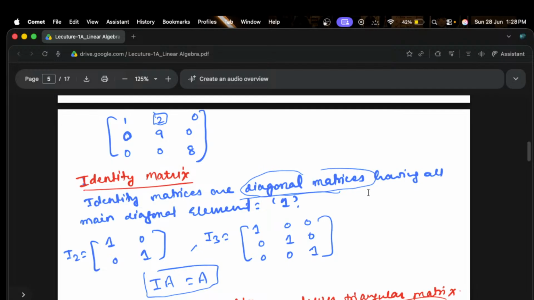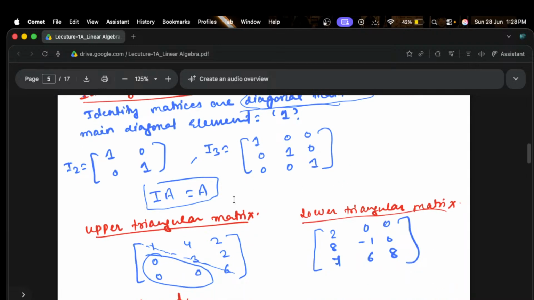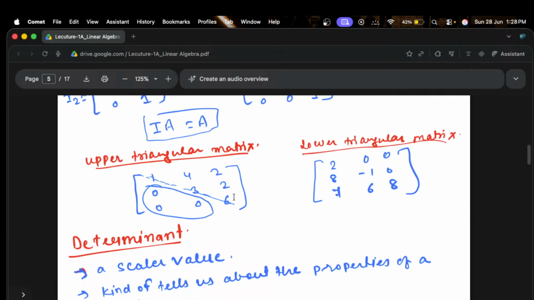Identity matrices are diagonal matrices having all main diagonal elements equal to 1. Okay. So this is sample for the identity matrices. Upper triangular matrix, lower triangular matrices. All right. So yeah, all elements are in the upper terms, and all of these elements are in the lower terms.